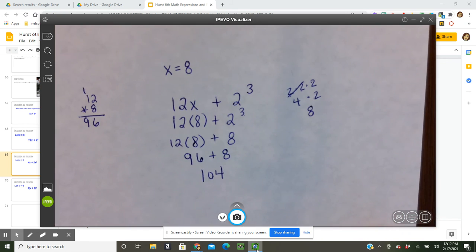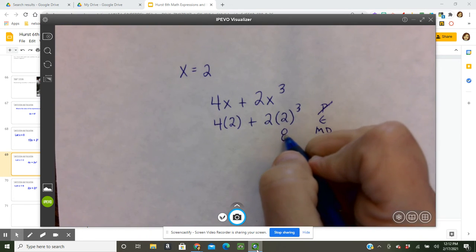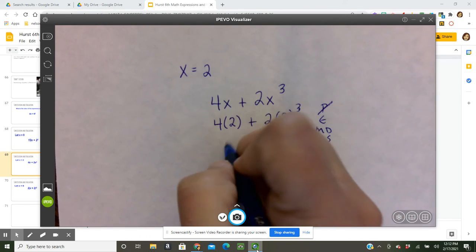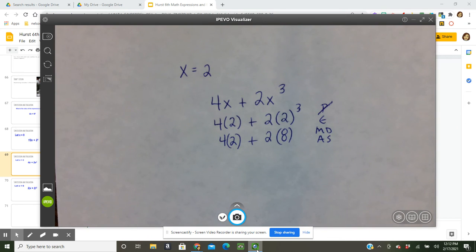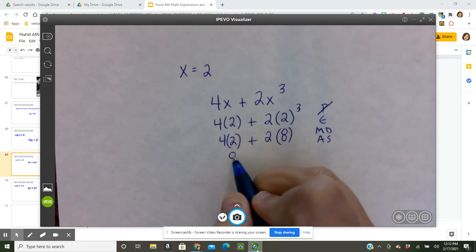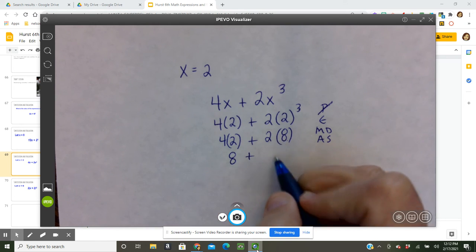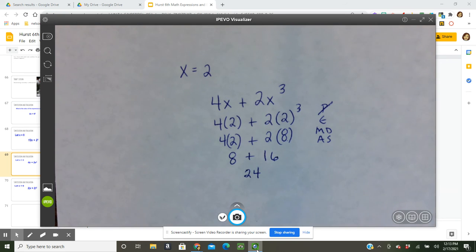And we already found out in this problem up here that 2 to the third is 8. So I'm going to go ahead and write that down here. And then I'm going to multiply 4 times 2 and 2 times 8, which is 16, and I get 24. So that would be your answer to that expression.